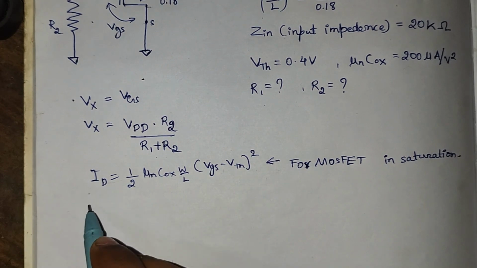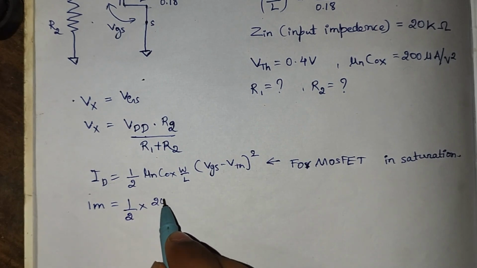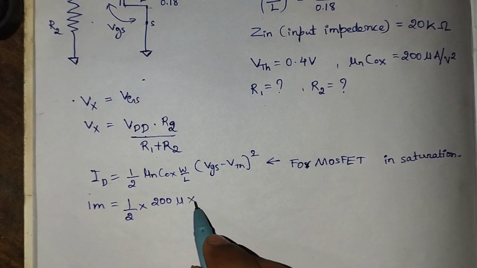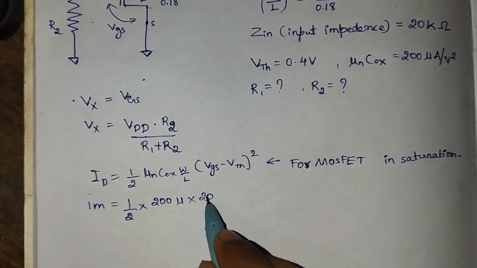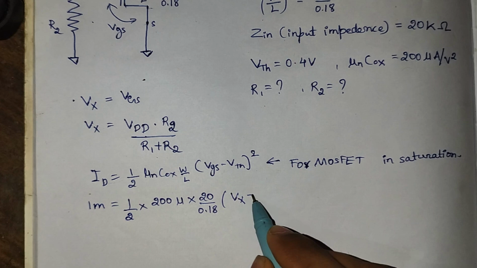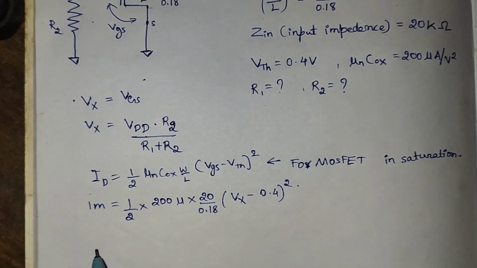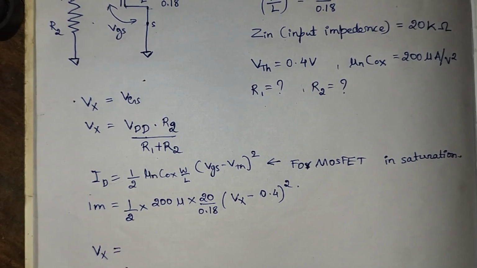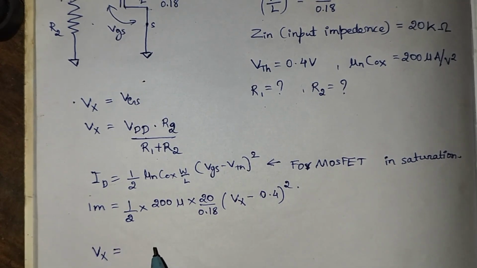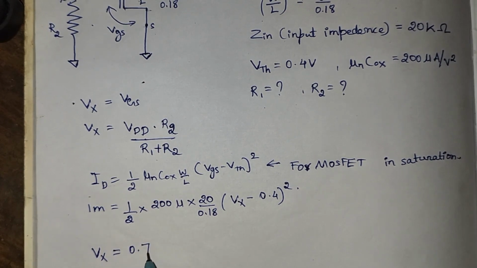Here we apply all the given values: 1 milliampere of drain current, mu n Cox given as 200 micro, W by L ratio given as 20 by 0.18, Vgs we have to find, so we substitute Vx, and Vth is given as 0.4 volt. Here we will get Vx as 0.7 volt.